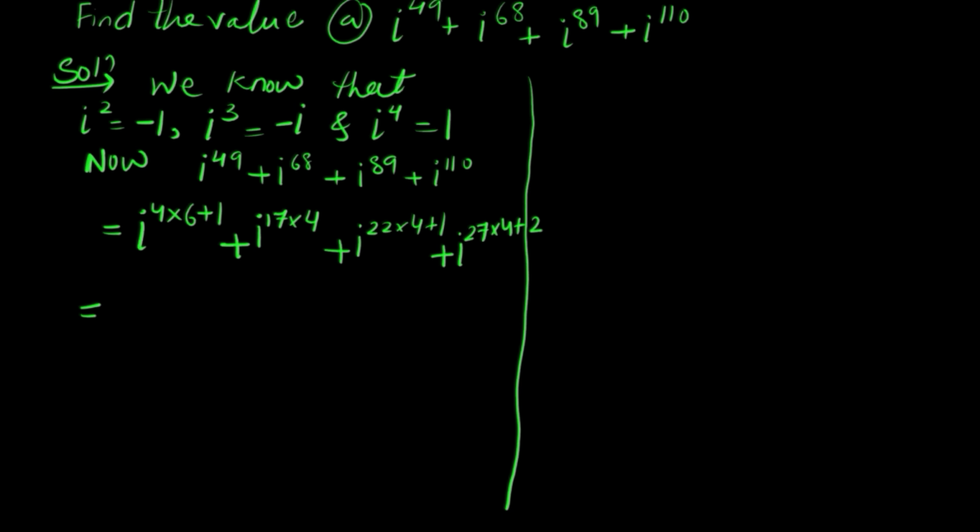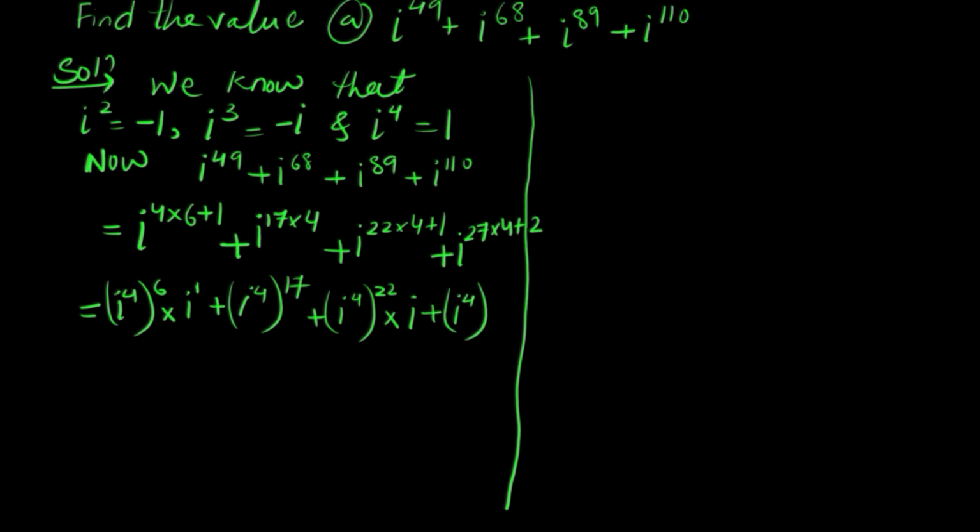So i raised to 4 raised to 6 by the indices method, into i raised to 1 which is i, plus i raised to 4 raised to 17, plus i raised to 4 raised to 22 into i, plus i raised to 4 raised to 27 into i square. i raised to 4 is 1, 1 raised to 6 is 1, so only i is left.